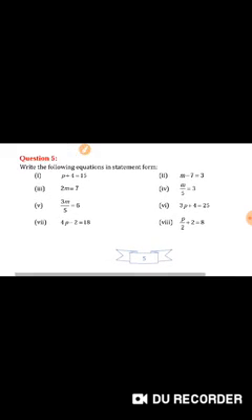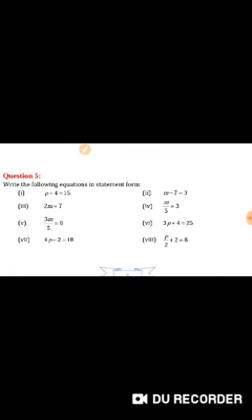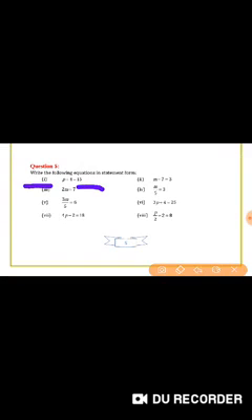Then go for the 5th question. Write the following equations in a statement. Here, in reverse, equations are given, and you must write them as statements. So just check. The first one is a sum: the sum of a number p and 4 is equal to 15. Like that you must write.